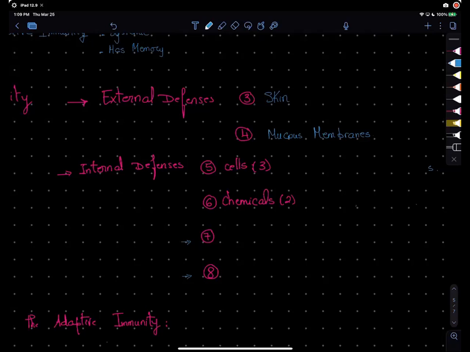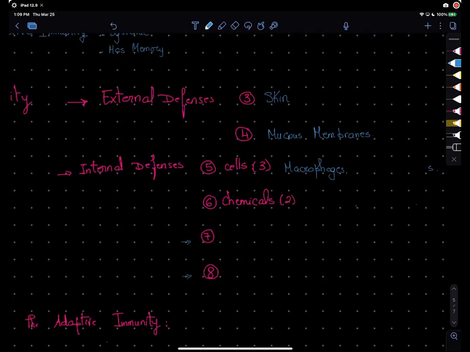The two phagocytes that we have are my macrophages. And remember, those are phagocytes living in your body organs. So you have macrophages living in your lungs, those are the dust cells. You have macrophages living in your liver, those are the Kupffer cells. Those are a type of phagocytes living in your organ tissues.